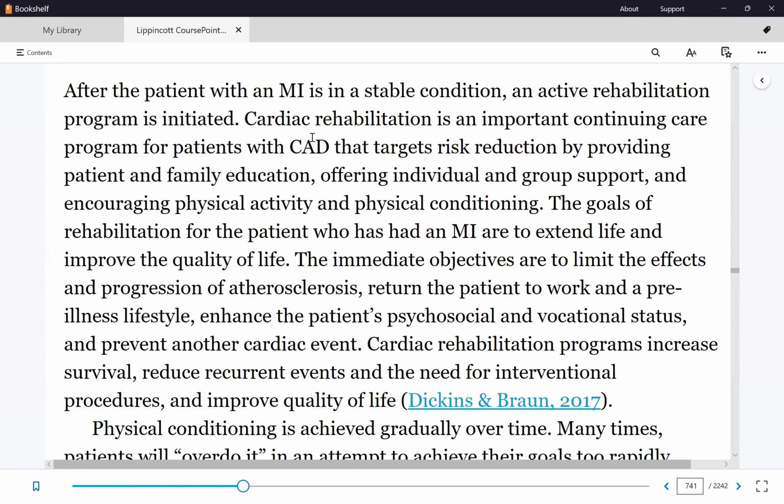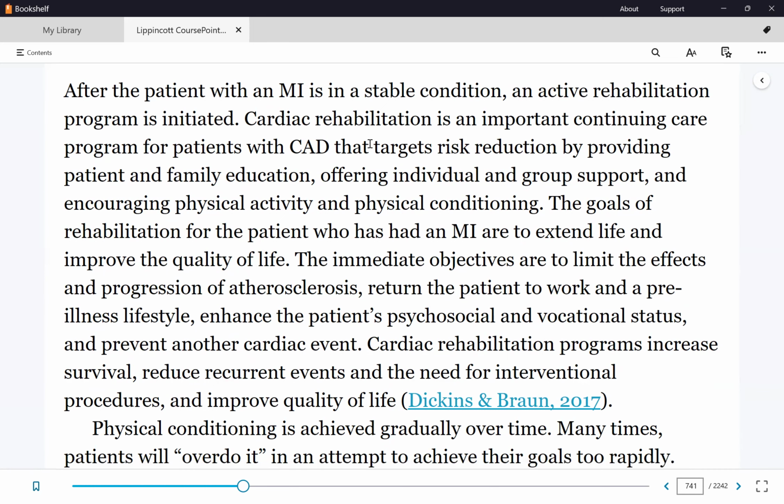If the patient survives, they automatically become candidates for cardiac rehab, either inpatient or outpatient. Most STEMIs are inpatient rehab. For NSTEMIs, they can do outpatient rehab. Some of them even get rehab at home.